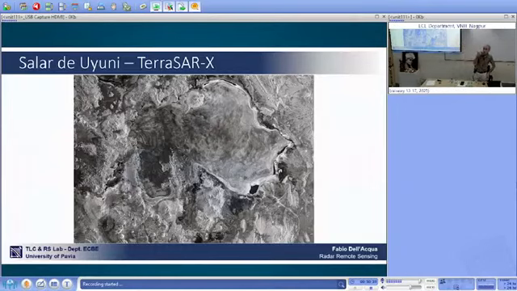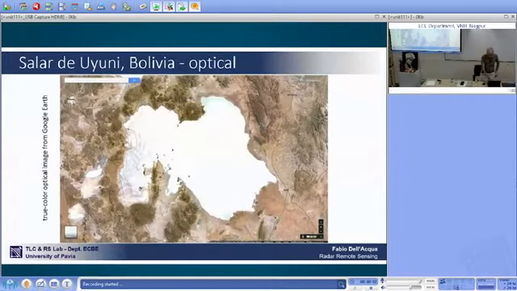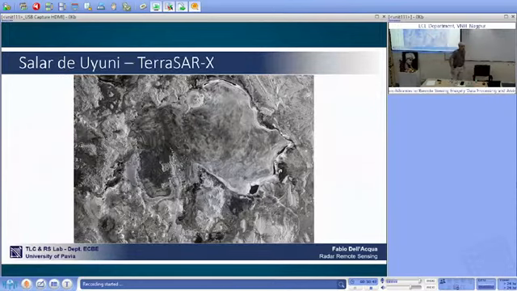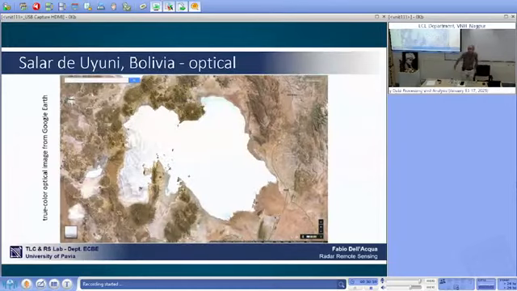The radiometry here is extremely different. The Salt Lake area, which was so homogeneous in the first acquisition, becomes something severely inhomogeneous in the radar data set. Why was it homogeneous here?